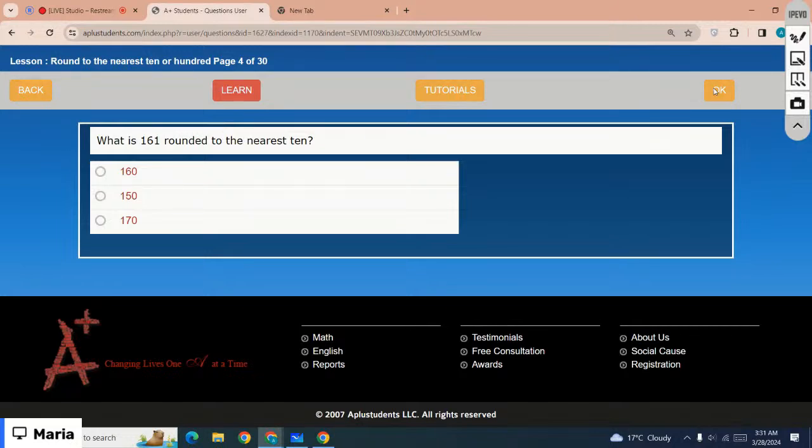What is 161 rounded to nearest 10? Which is the correct option? 161 is rounded to, very good, 160.